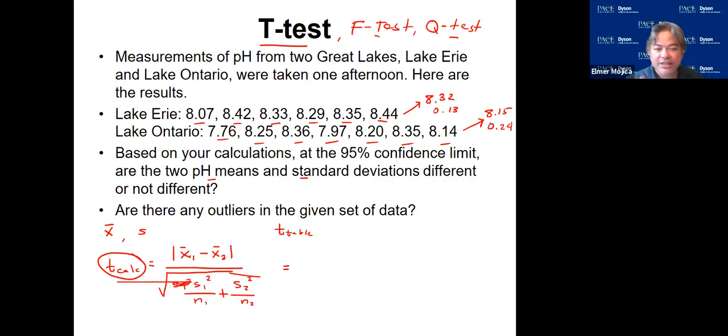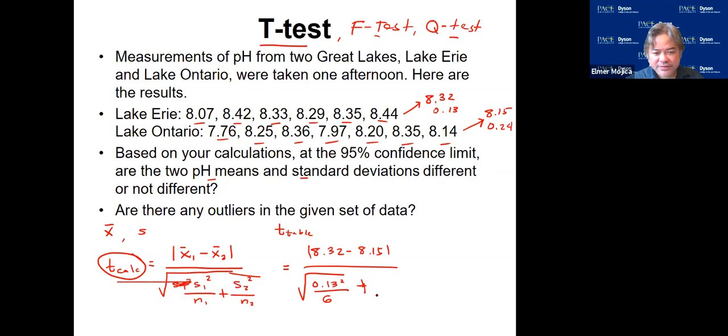So let's say we have those values. We substitute them here: 8.32 minus 8.15, over the square root of 0.13 squared divided by, how many n do we have? 1, 2, 3, 4, 5, 6.